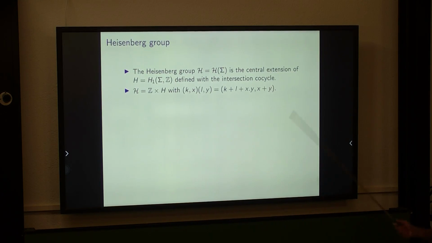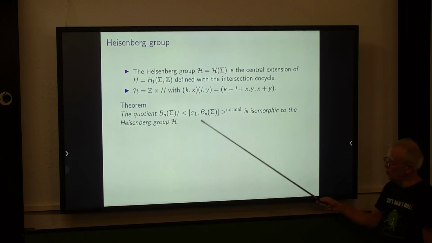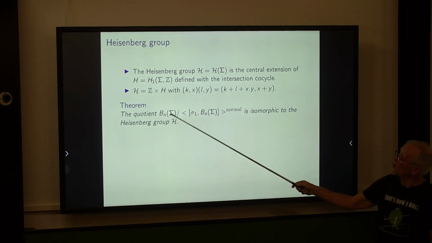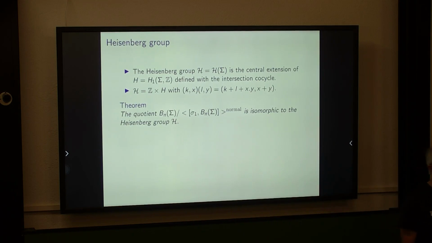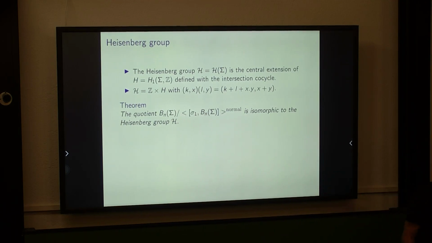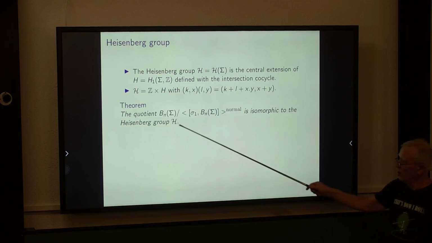Maybe another model, but you can draw this group as matrices. And then an easy theorem from the presentation is that if you quotient the surface braid group by the normal subgroup generated by commutators with sigma 1, then you simplify your previous presentation and you get a presentation of the Heisenberg group.